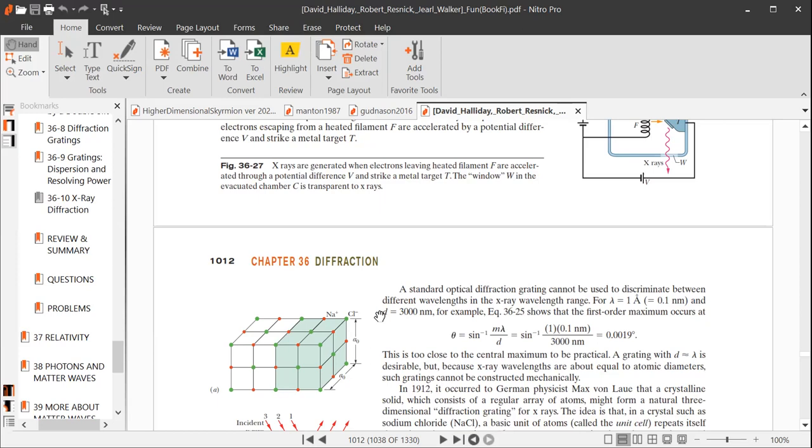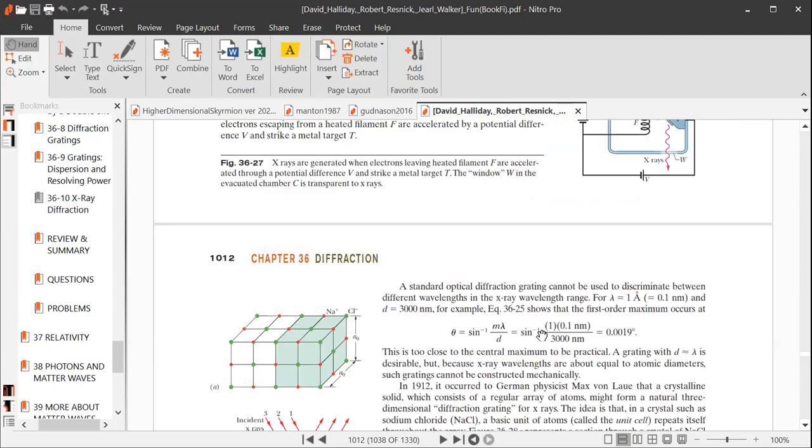Because it's less than 1 micron, we should take the wavelength to be shorter, shorter than the visible light, okay? So we will get this first order maximum of the Bragg, we call it the Bragg formula of X-ray diffraction.